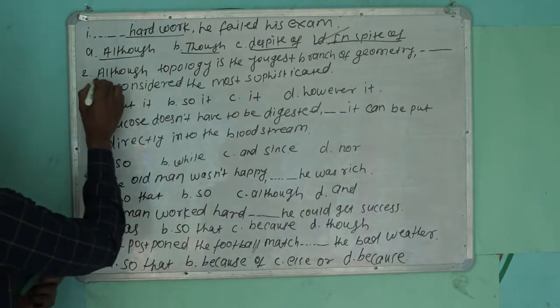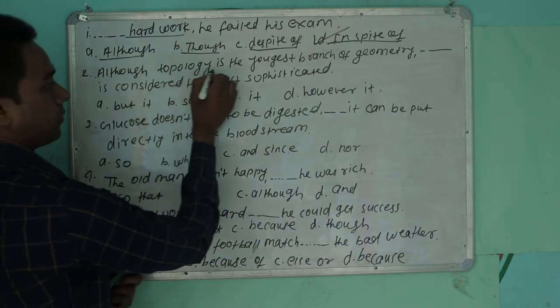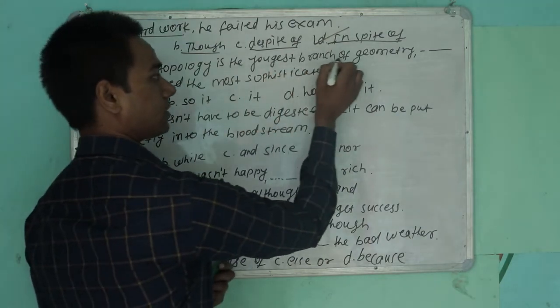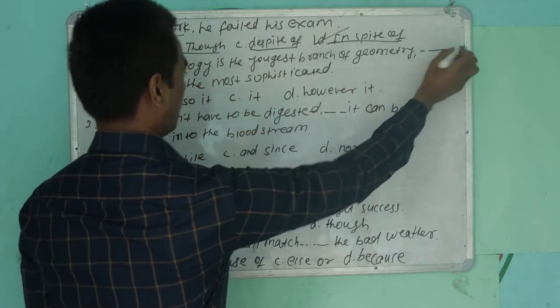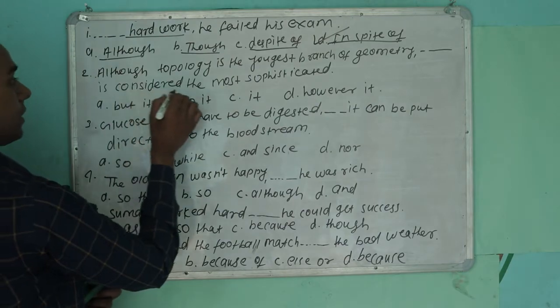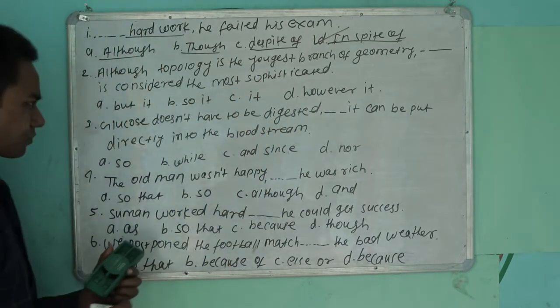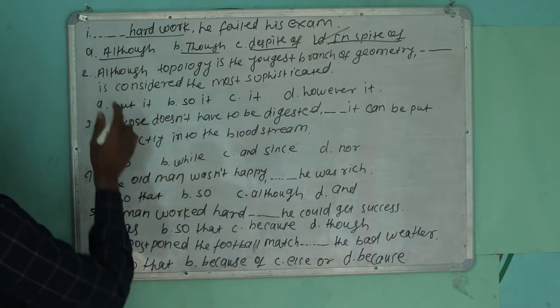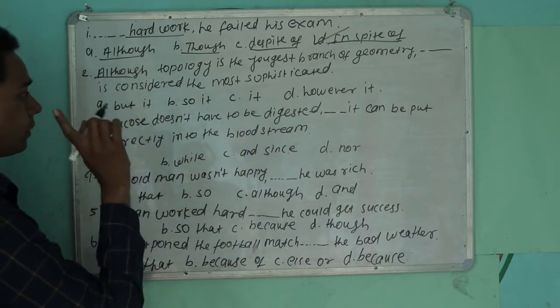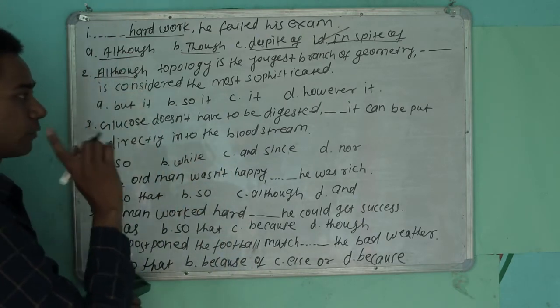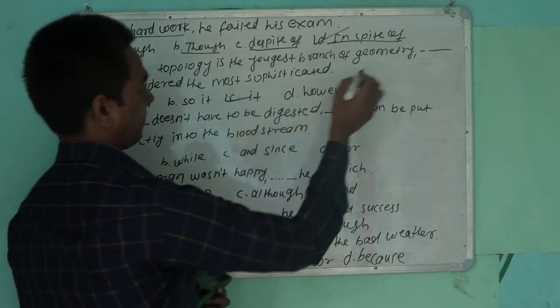Number 2, although topology is the youngest branch of geometry, it is considered the most sophisticated. Look here. Here there is although, so we only use it here.